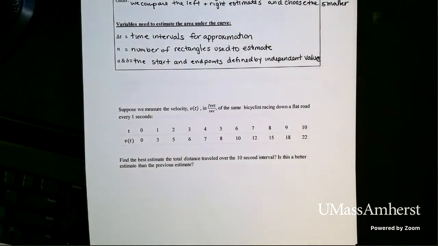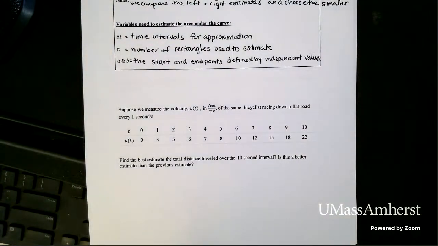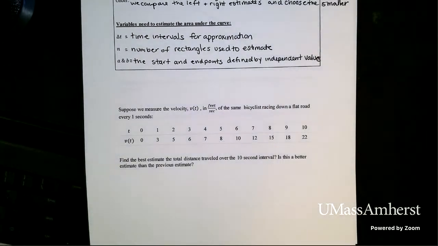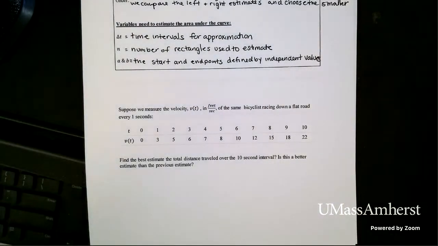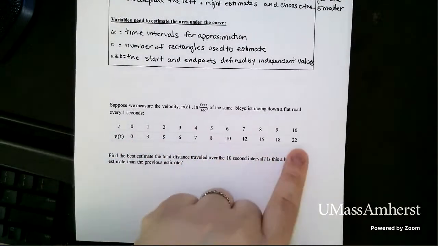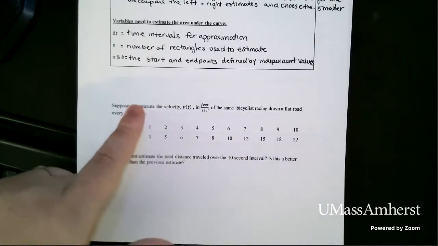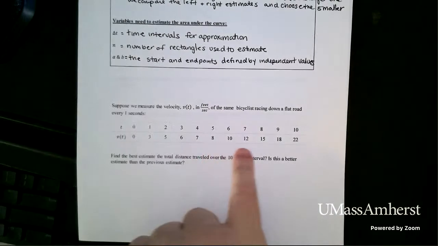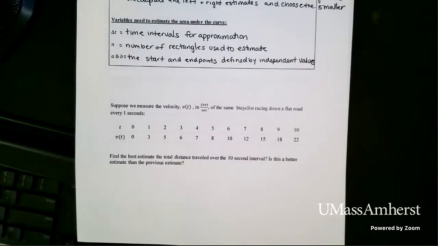And now let's assume that during the same bicycle race, we actually were able to measure every 1 second instead of every 2 seconds, right? So notice that at 0, 2, 4, 6, 8, and 10, those values are the same as our last example. The difference here is that now we know what's happening at 1, 3, 5, 7, and 9. We just have additional information.